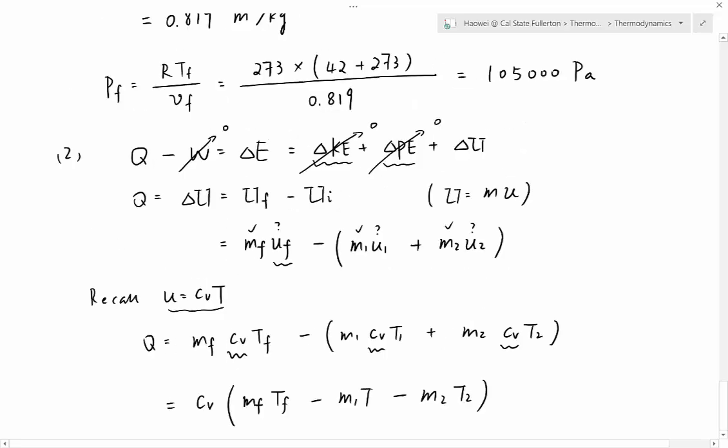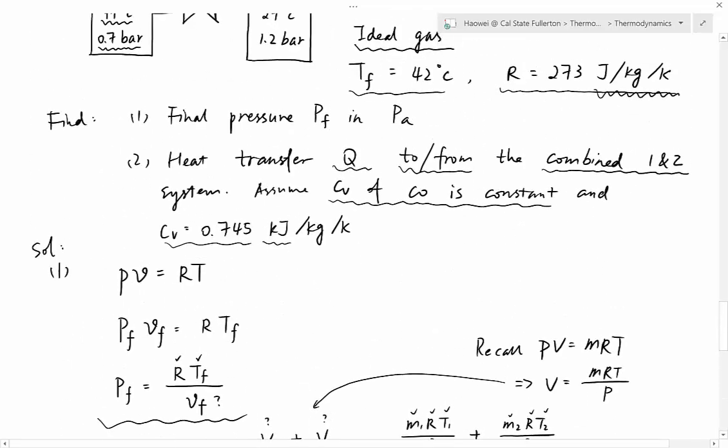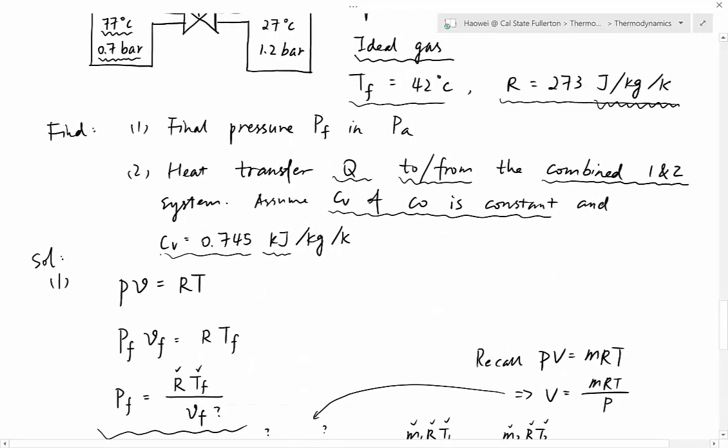CV, what is CV for carbon monoxide? It's given as 0.745 kilojoules per kilogram per Kelvin. And be careful here because kilojoule is not SI unit. So I'm going to convert kilojoule to joule by multiplying by 1000.